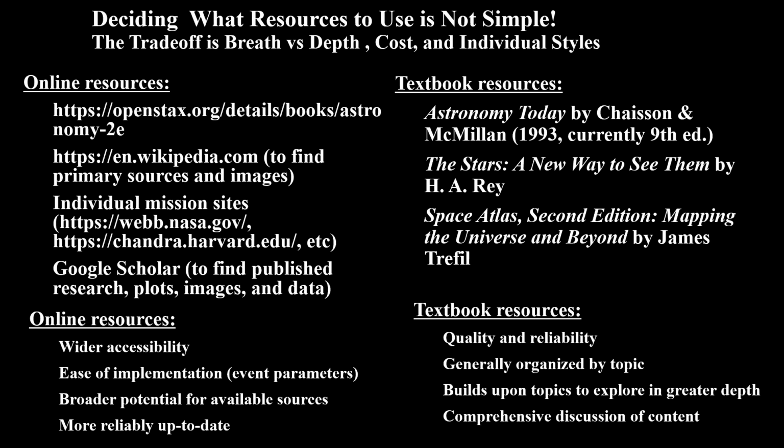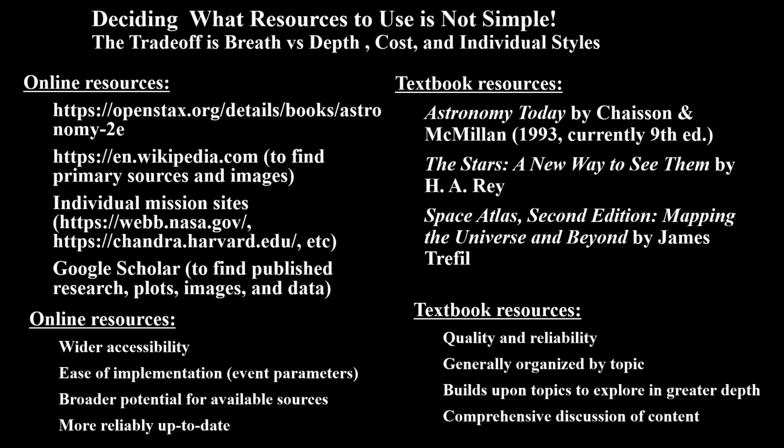So how do you decide what resources to use? It's not simple. There's a trade-off for everything. Whether you're using online resources or textbook resources, there are things to consider: the breadth or width of the information versus the depth of it, the cost of it, your individual learning style. For online resources, we have listed some for you, some that are the same, some that are a little bit different.